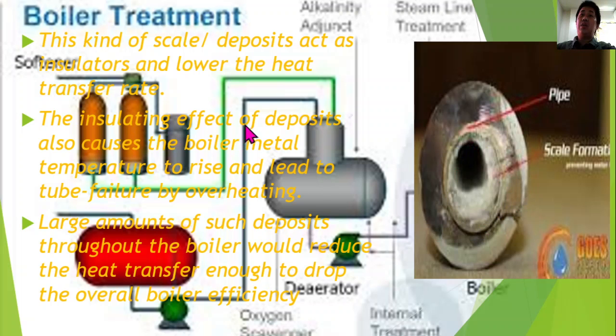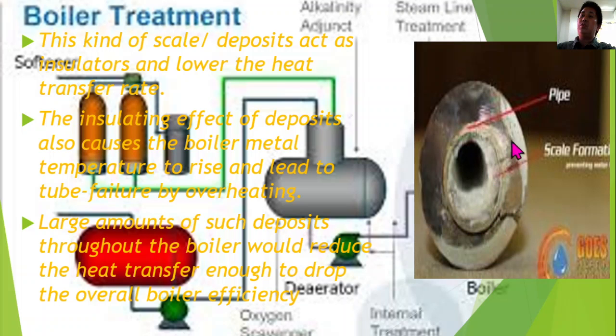The insulating effect of the deposits also causes the boiler metal temperature to rise and leads to tube failure by overheating, of course. Because you need more fuel to burn here, air and fuel to burn, it will become overheated because you have to boil the water to produce steam, but you cannot boil.